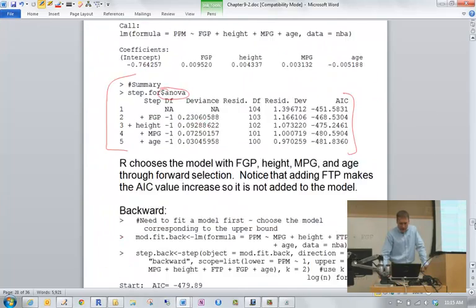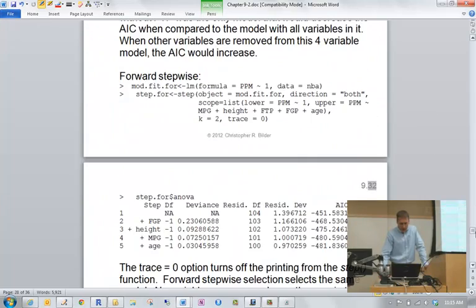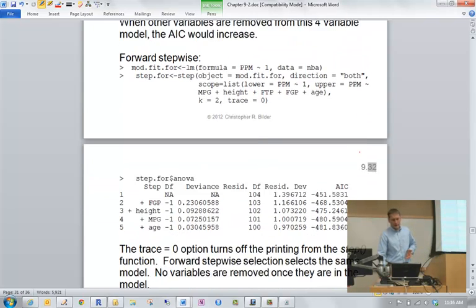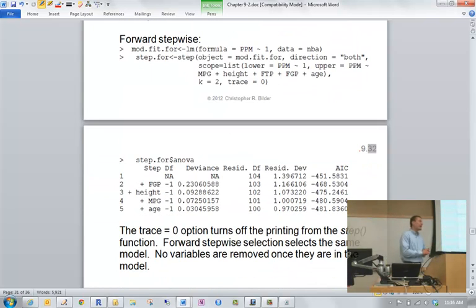If we jump ahead in the notes to about page 931, you can see how to do this using the AIC.